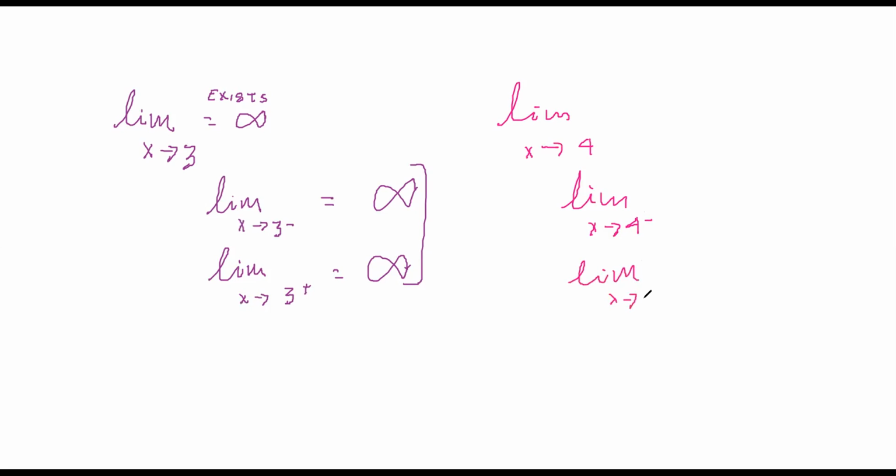This is reminiscent of a problem that we had looked at earlier, where this is going to equal negative infinity and this is going to equal infinity. This limit does not exist because these two are not the same. So these two can exist on their own and leave this one out to dry. So this doesn't need to exist for these two to exist.